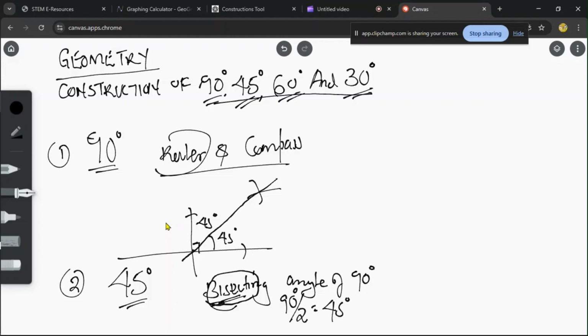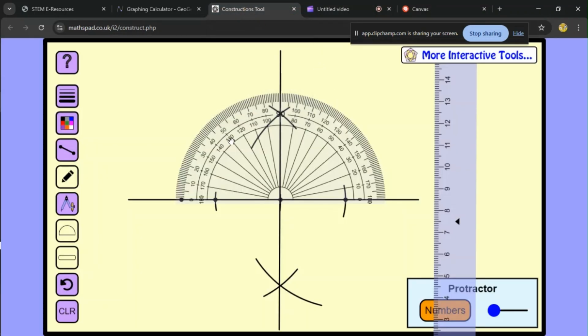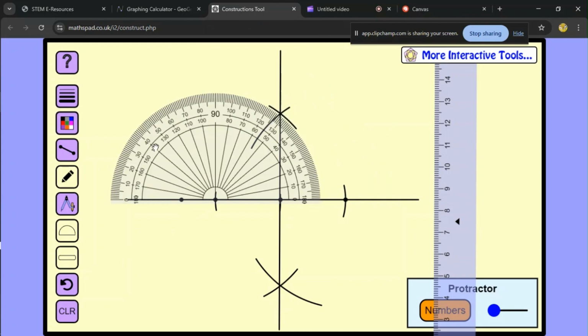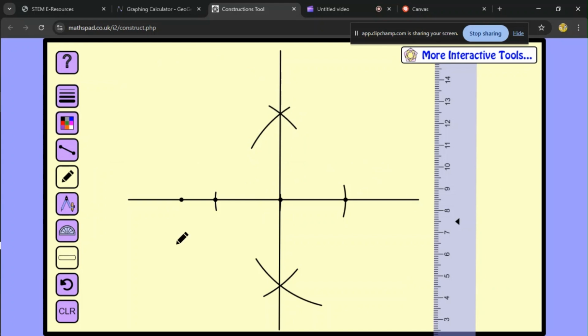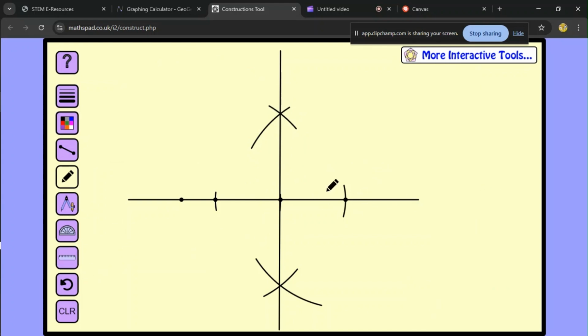So I'll go back to the same diagram of 90. Let me remove my protractor here. So remove the protractor there and even the ruler. So I want to bisect this.